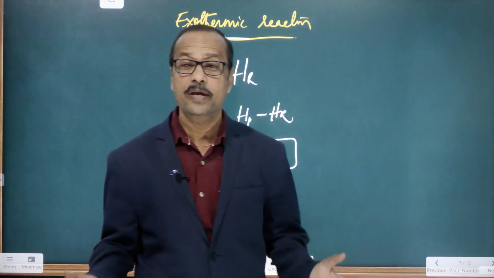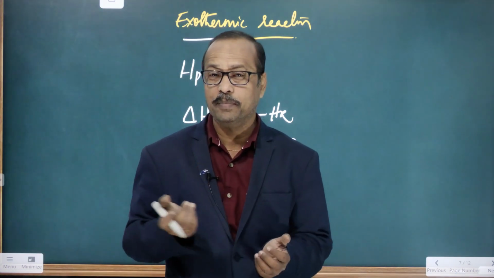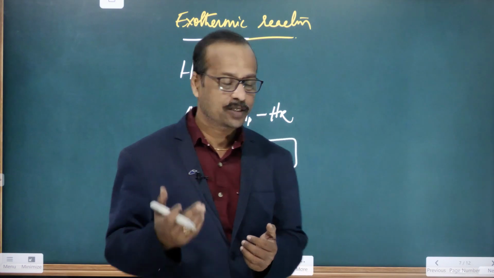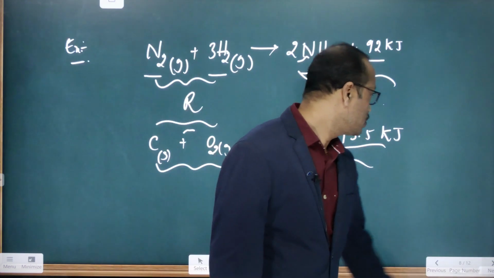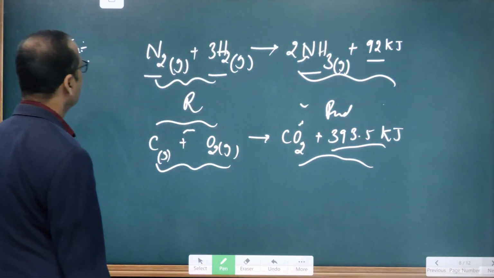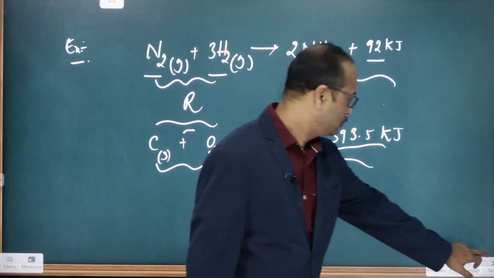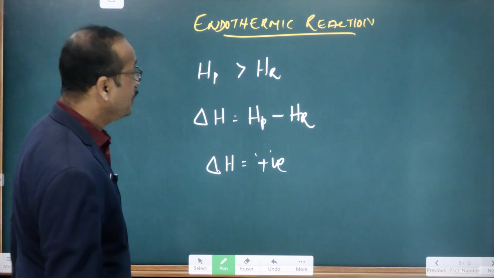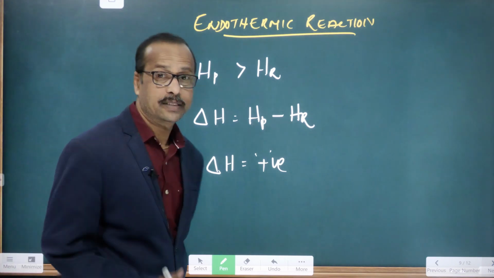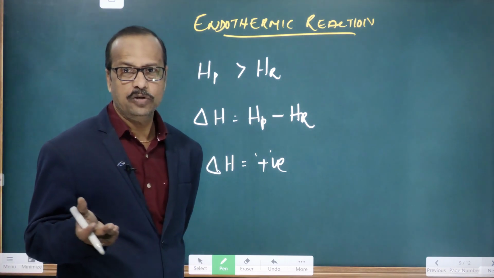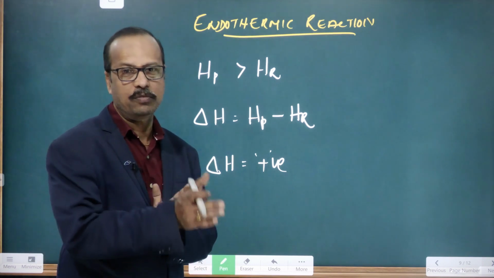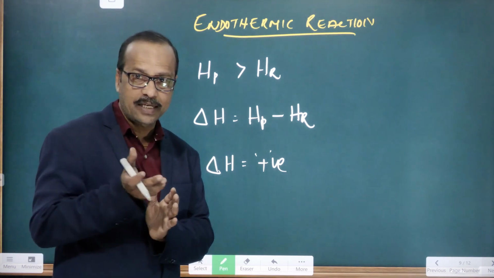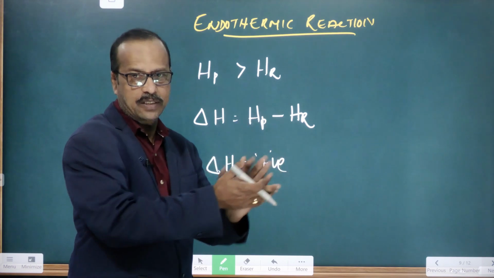Now what about endothermic reactions? Endothermic means the reaction takes place by absorbing heat. These are endothermic reactions. In endothermic reactions, they take in heat, and by taking the heat the reaction takes place. Is this clear to you?